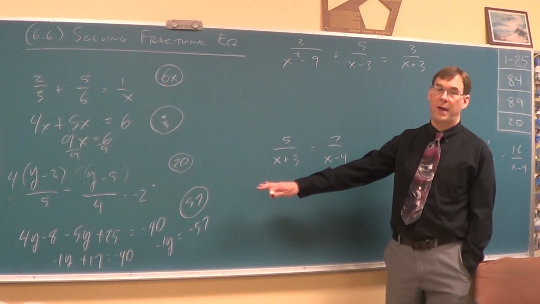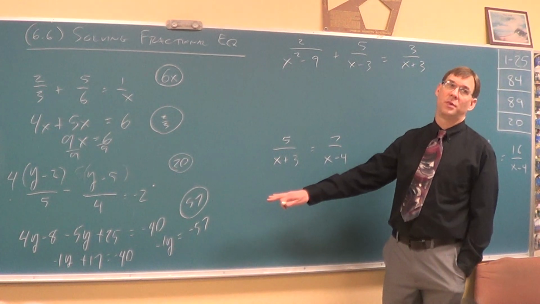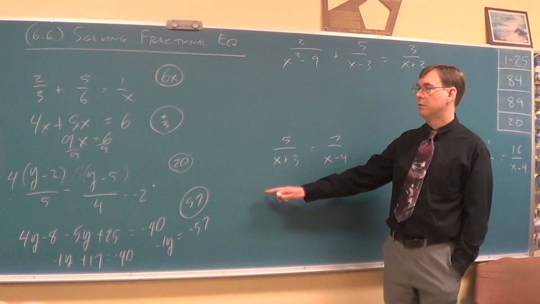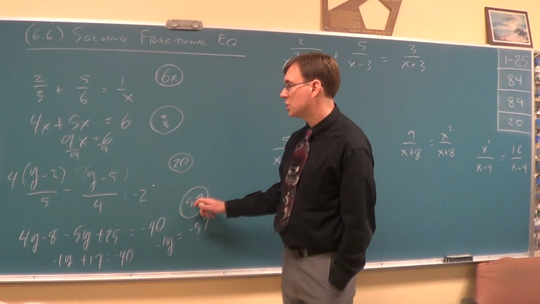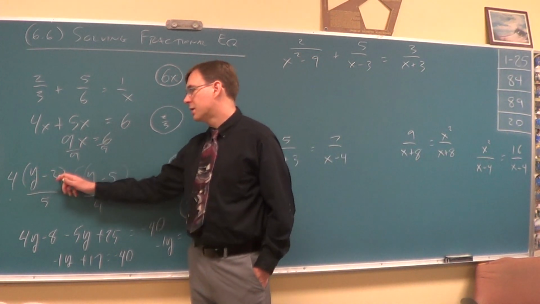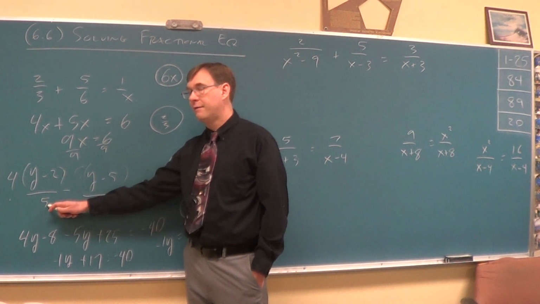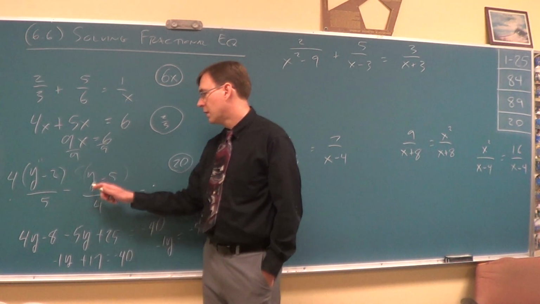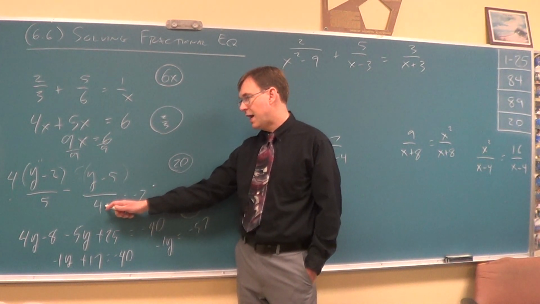Question about that. Then here's something I should suggest, even though I know in my heart no one will ever do this. Okay, check it. If we want to check it, just plug it in. 57 minus 2, 55, dividing 5, 11. 57 minus 5, 52, divide 4.